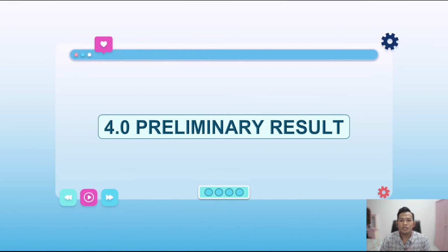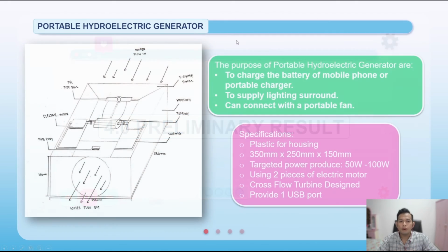For the last section, I will elaborate on the preliminary result for this project. For my preliminary result, I proposed to my supervisor that I wanted to fabricate a prototype related to my project title. So this is my idea, which is a portable hydroelectric generator.